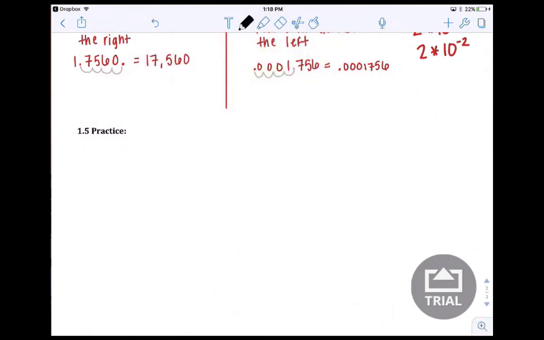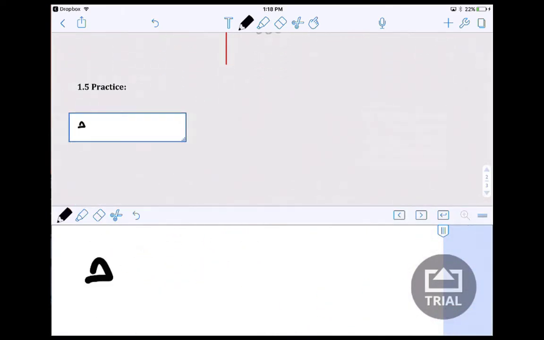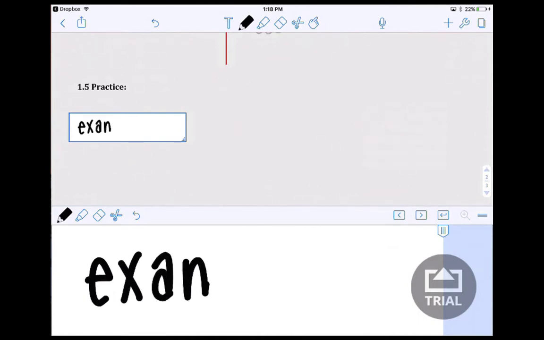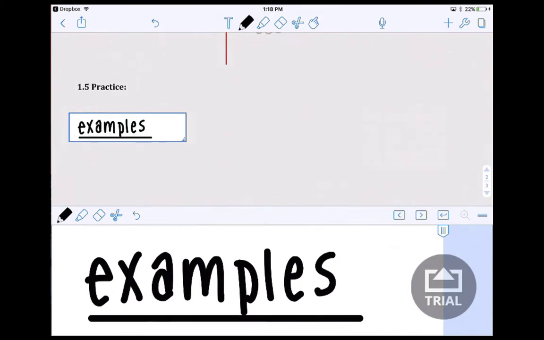If you think you got it down, you can skip to the end and just get the homework problems and try them on your own. But I do want to give you a couple examples before I unleash you. So I'm going to write examples. We're just going to do them in the blank space down here.